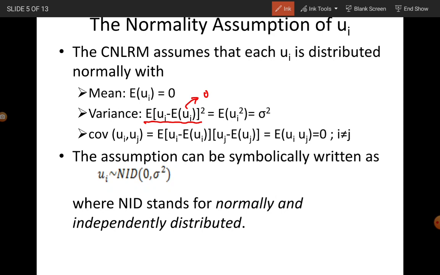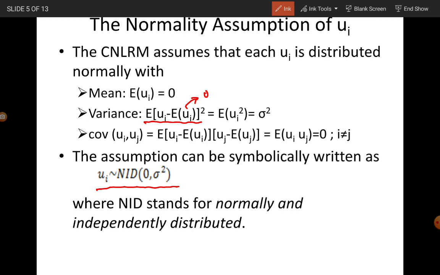Similarly, the covariance of ui and uj is equal to 0. Again, these are all a part of your CLRM assumptions, but we are saying that now we are assuming ui is normally distributed with this mean 0 and this variance sigma square, right?